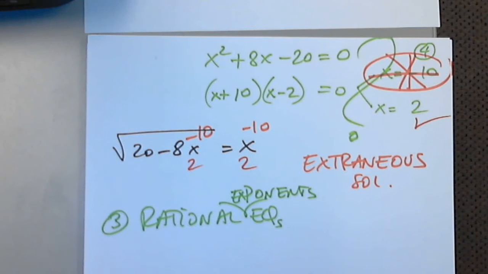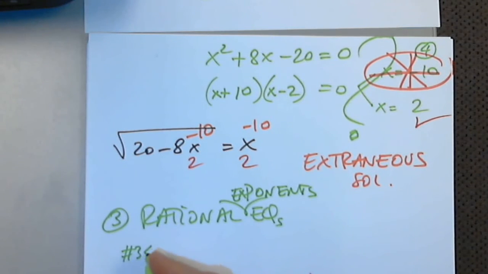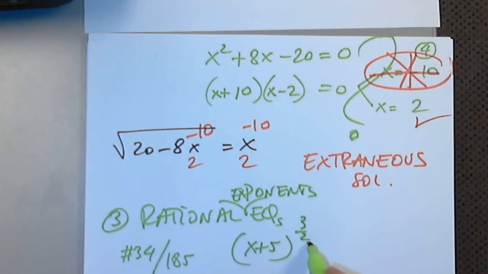Equations with rational exponents. Let's look at number 34 on page 185. x plus 5 raised to 3/2 equals 8. You can say this is a radical equation, and I would have to agree.